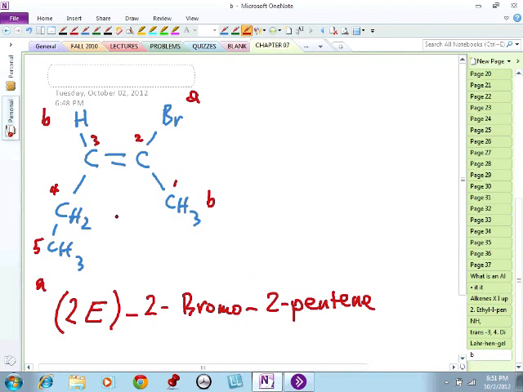Okay. What I was saying is, you don't have to put this 2 here, because in this particular instance there is only 1 double bond in this molecule. But very often you may have more than 1 double bond, and therefore you have to indicate the position of the E. That is why I'm putting 2E here. But in this particular instance, you don't have to put the 2.